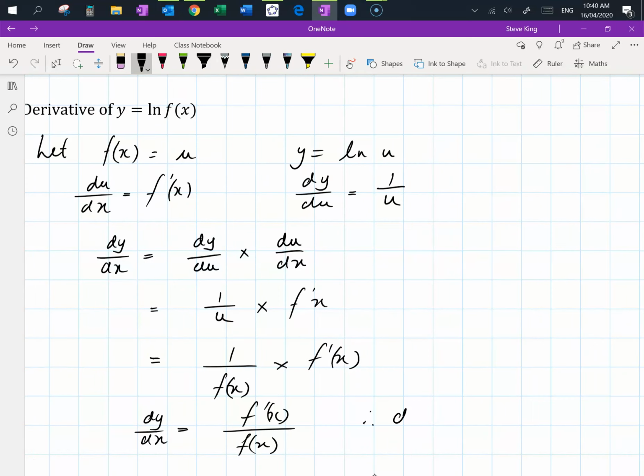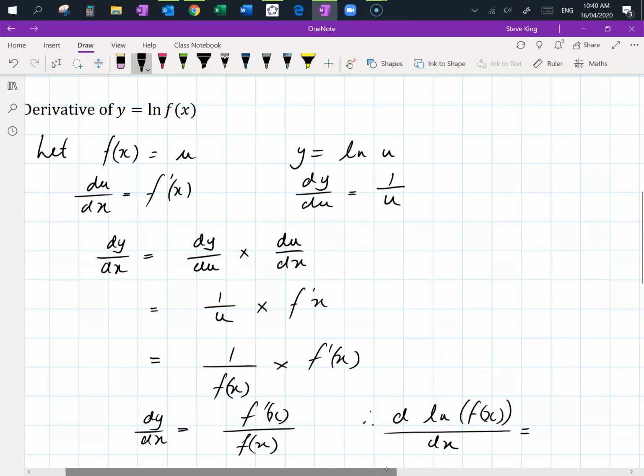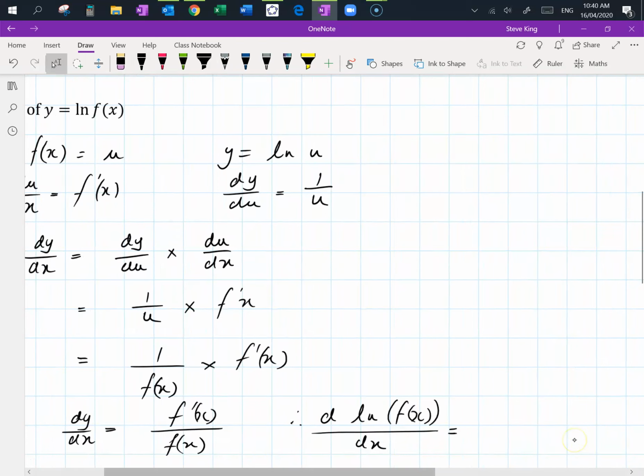The derivative of the ln of some function of x, let's get that x written correctly, some function of x, with respect to x, that is simply going to be the derivative of f of x divided by f of x.